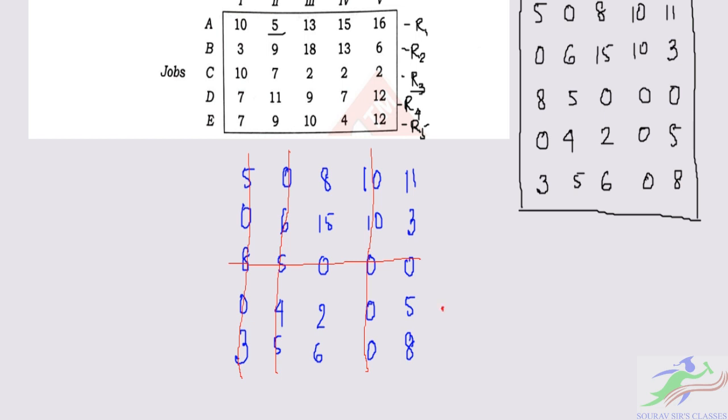So R is equal to 4, which is less than 5. Now 2 is the least uncovered element.